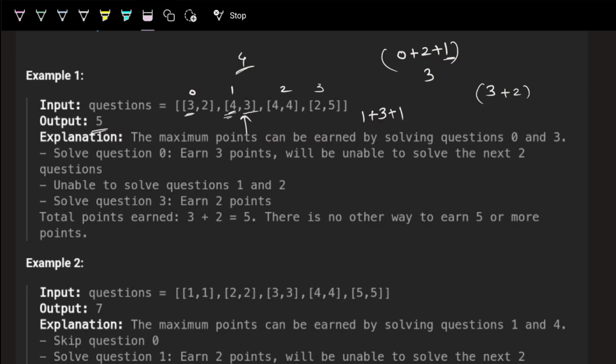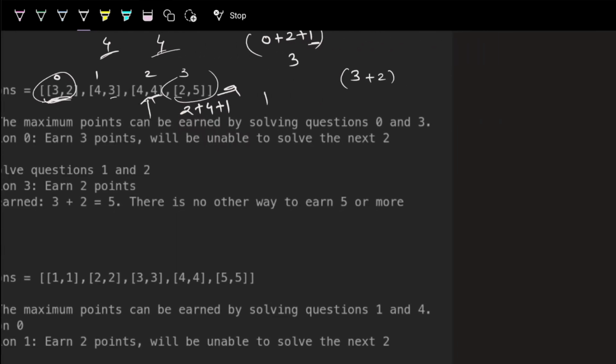Same for the second: if I directly solve the second one, I get 4 points, then the next index would be 2 plus 4 plus 1, which is out of bounds of the array. So at max I can get only 4 points by solving the first or second index. But if I solve the 0th index question, then I can solve the 0th as well as the 3rd index, and I can achieve 5 points.